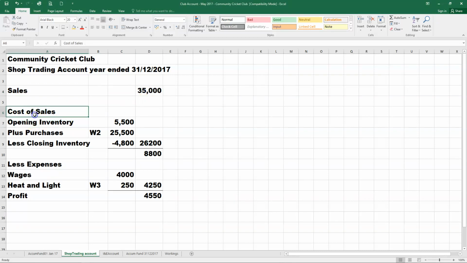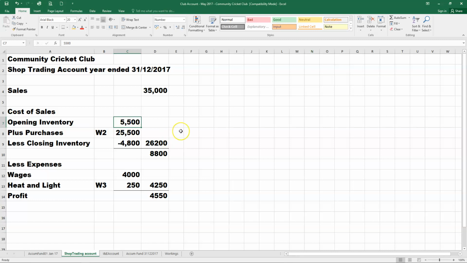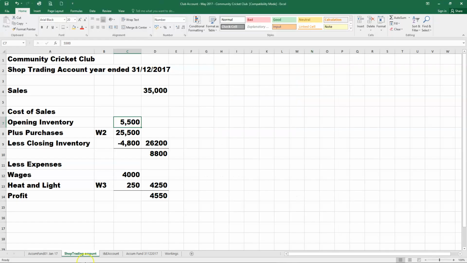Then I've got my cost of sales, which is my opening inventory, plus my purchases, less my closing inventory. So my opening inventory is 5,500 euro. So above, inside in my shop inventories there, 5,500, and then my closing inventory is 4,800, plus my purchases here.